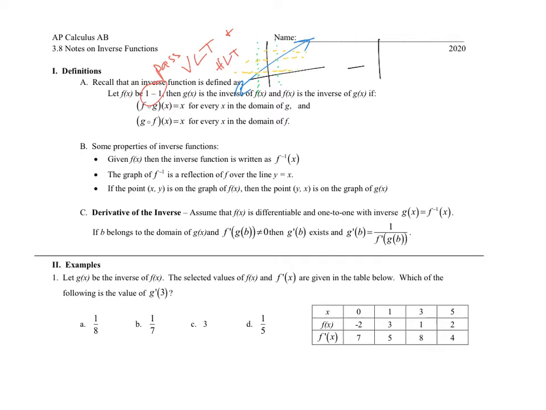That does not hold true if I were looking at a parabola. A parabola passes the vertical line test, meaning when I draw that vertical line, I only pass through one point at a time on the parabola. However, when I draw a horizontal line, I'm passing through 2 points at a time. In other words, there is not an inverse function for a parabola.